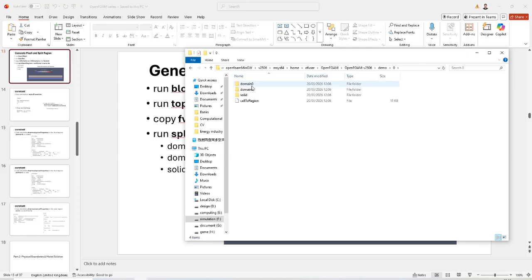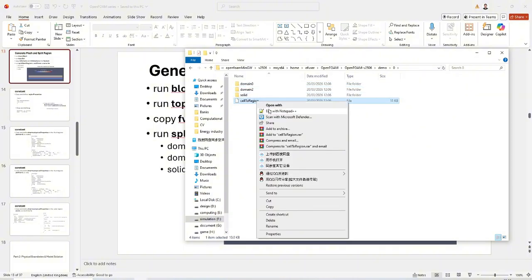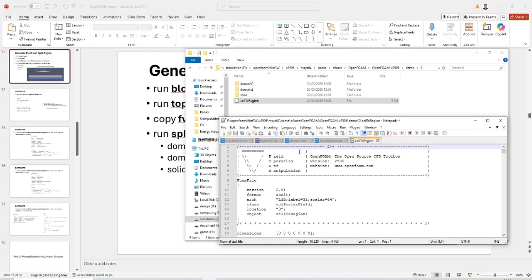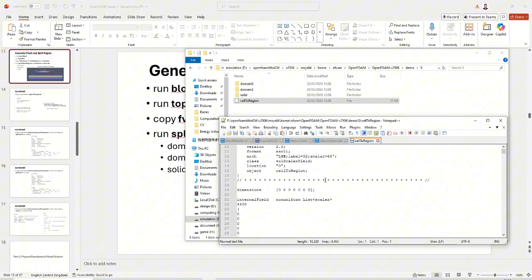When you open the 0 folder, there are 3 domains that have been defined, and there's a cell-to-region file. The cell-to-region file is really about the meshing cells for all the 3 domains.